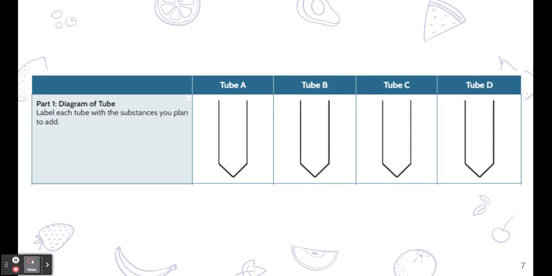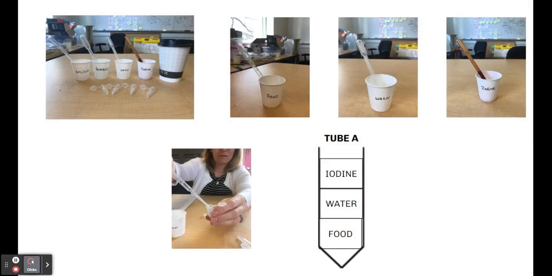All right, on page 6 of your packet, you'll see a chart. This is the top row of the chart. We're going to set up 4 different tubes of materials for our lab. Let's start with tube A, and you're going to fill in your pictures as we go.